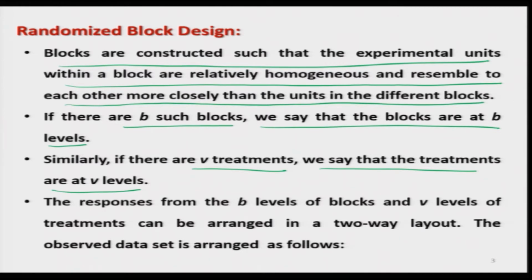Similarly, if we are trying to construct 5 blocks, that means every block will have its own effect, right, indicated by effect 1, effect 2, effect 3, effect 4 and effect 5, and every effect is said to be a level, and we say that there are 5 levels of the blocks.